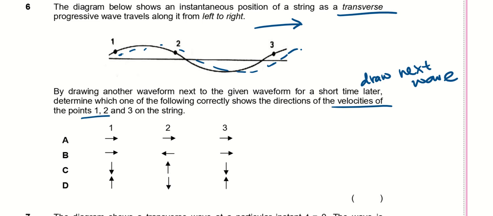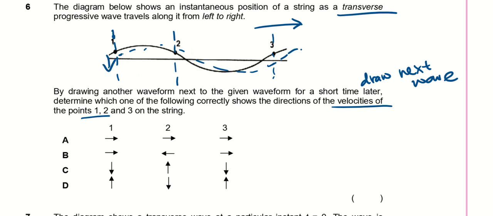Okay, so after you have drawn the next wave, you need to draw a vertical line of that particle cutting either up or down, where it intersects with the next wave. So for point number 1, it actually moves down.